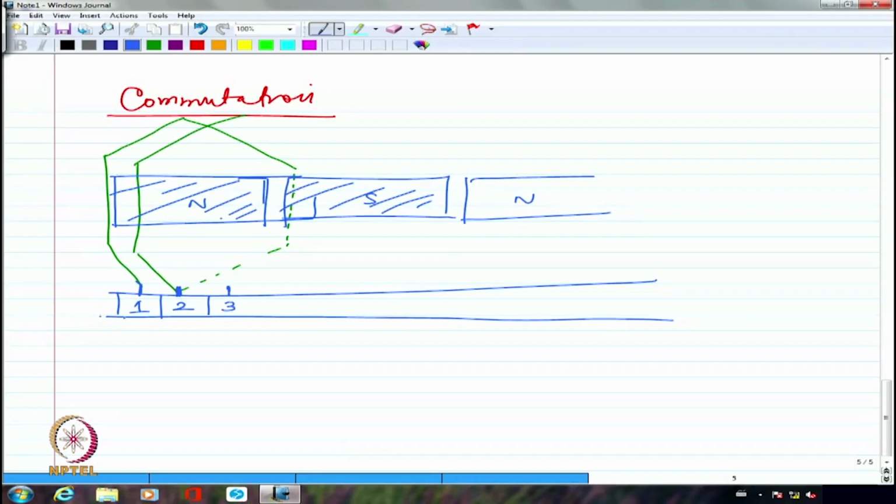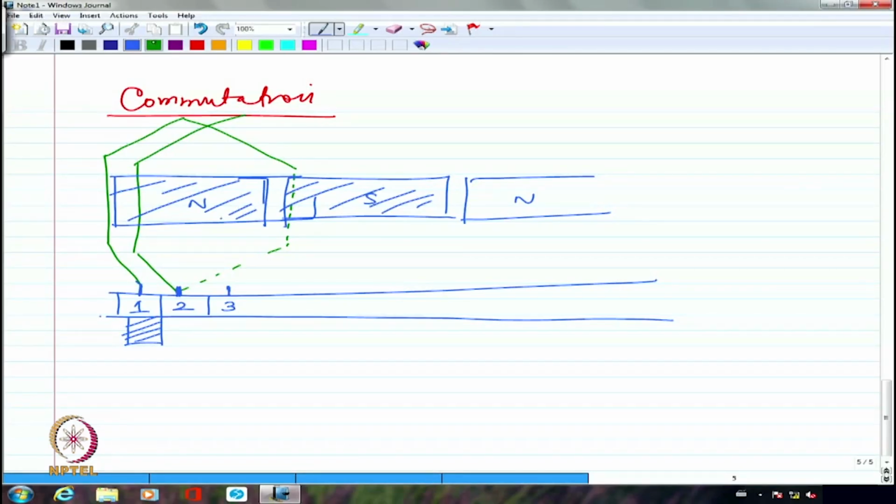This is at the cusp of the North Pole and the other South Pole. So I will probably have one brush inserted here, and depending upon how many poles I had, the number of poles will be the dividing factor for the total number of slots, and then probably corresponding to the n plus 1 slot, I will essentially include one more brush and so on and so forth. Let me first of all concentrate on this brush.